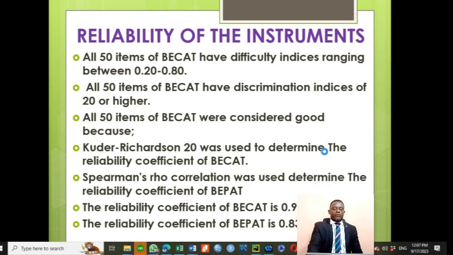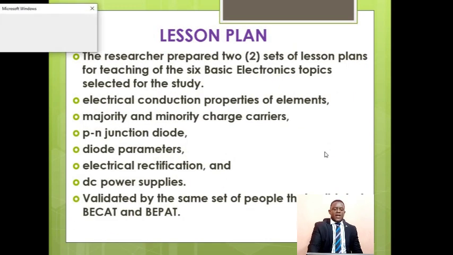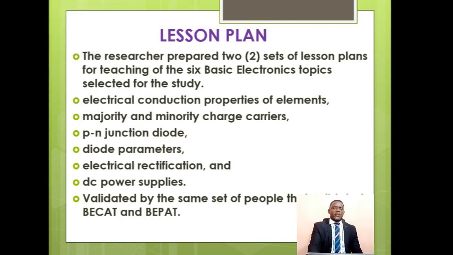As you will find out along the line, while I'm waiting for the computer to bounce back, the test, BCAT and BPAT, were administered on the 2 groups, both group A and group B, prior to the introduction of the treatment.